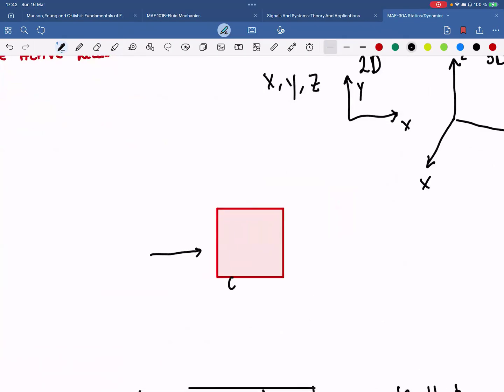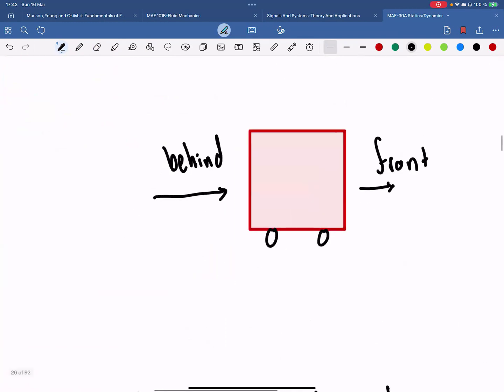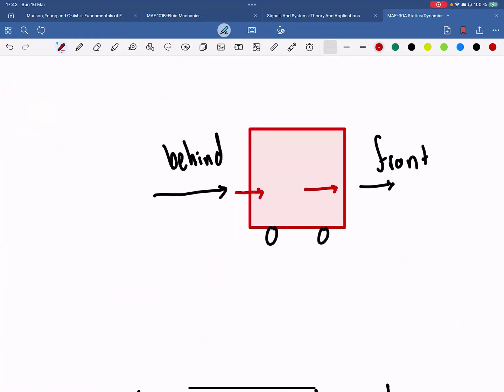Let's say this is a car. Whether you push the car from behind or pull it from the front, the force that the body is going to feel is the same. That's the principle of transmissibility. So if you have a force acting along a line of action on a rigid body, you can move the force here and you will have the same net result on the body.